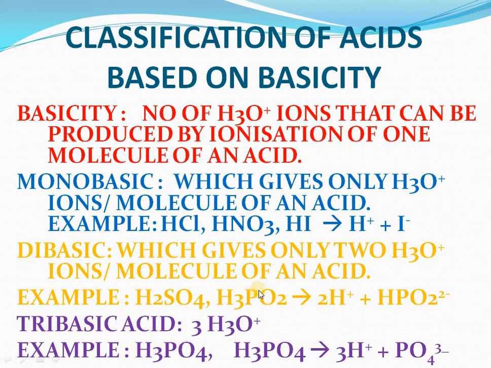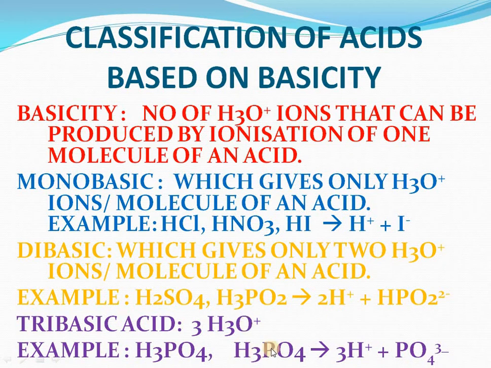When you see the structure, there are 3 hydrogens, but only 2 are attached to oxygen. So these 2 hydrogens, combined with oxygen, can be released, but the hydrogen directly connected with phosphorus will not be released. That is the reason this is dibasic and not tribasic.